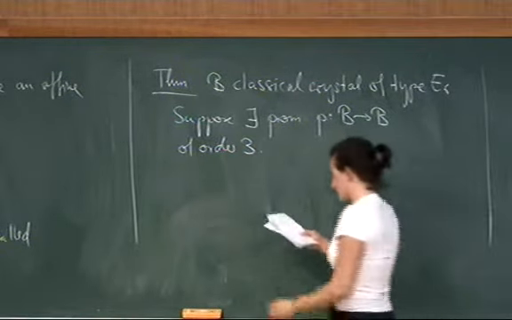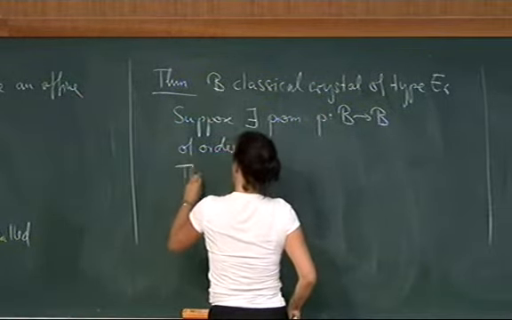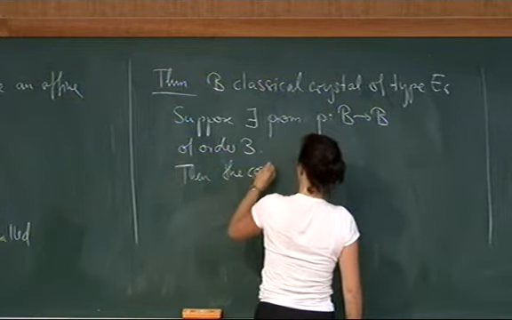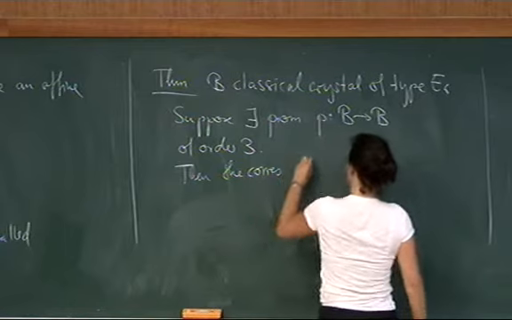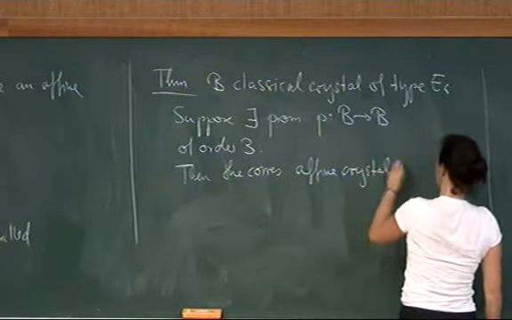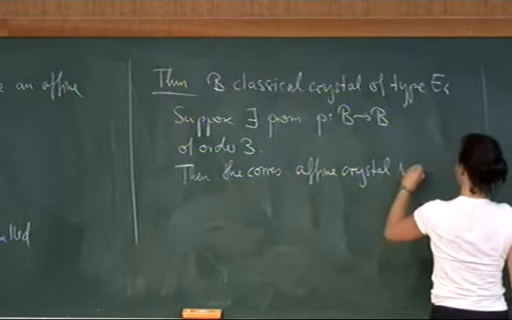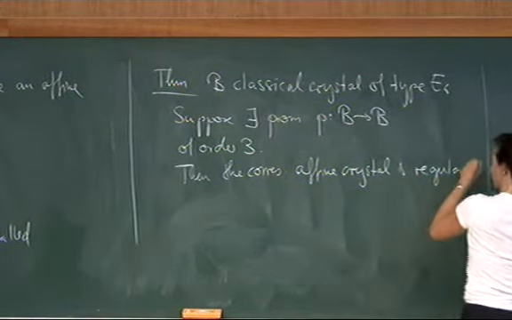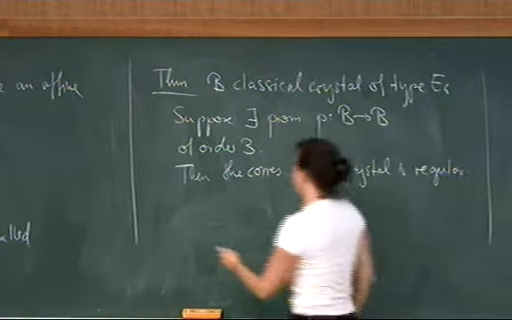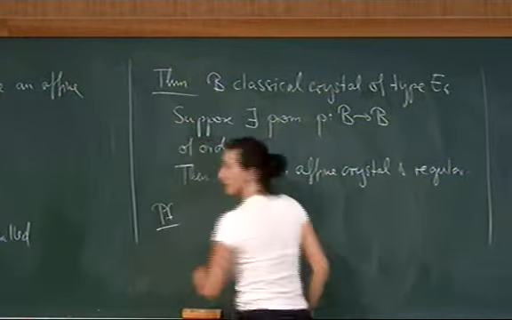Then my claim is that the corresponding affine crystal is in fact regular, or is a combinatorial affine crystal. So how can we see this?